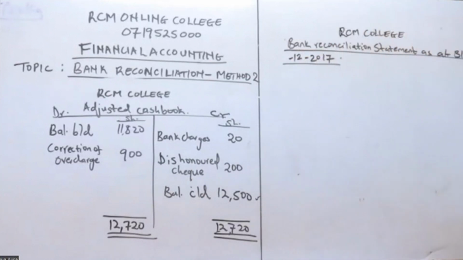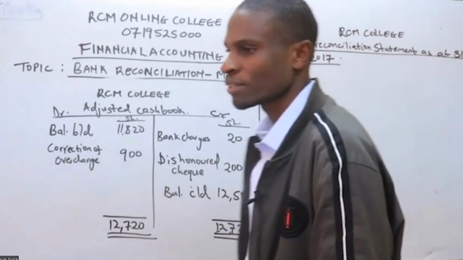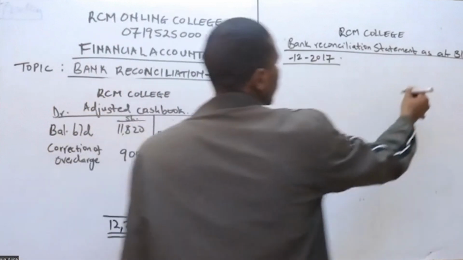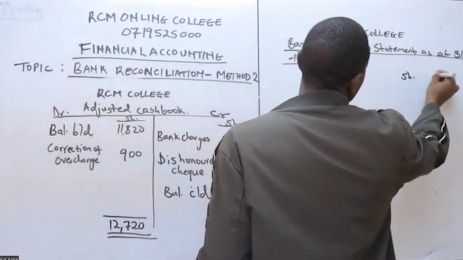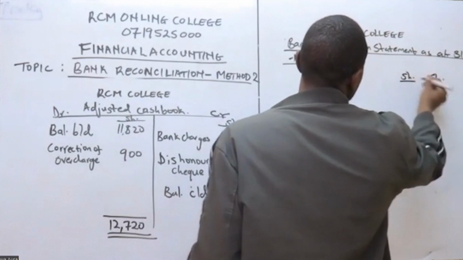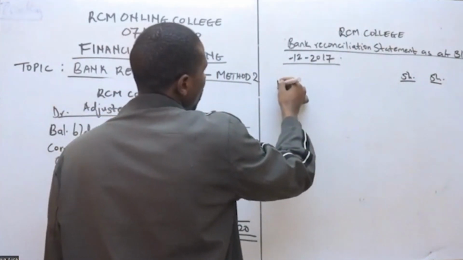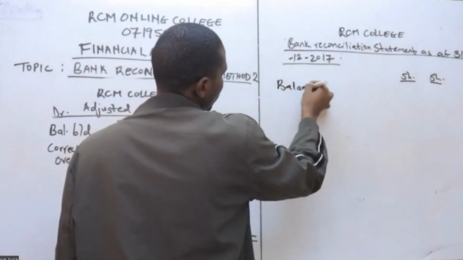So we said that from our new format, or format number 2, we use our bank balance at the beginning. So balance as per the bank statement.